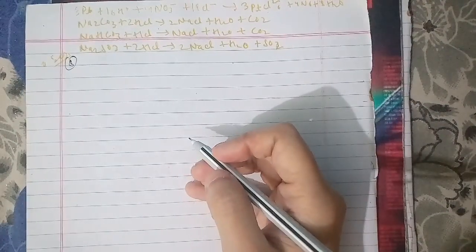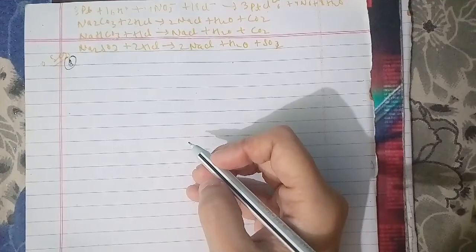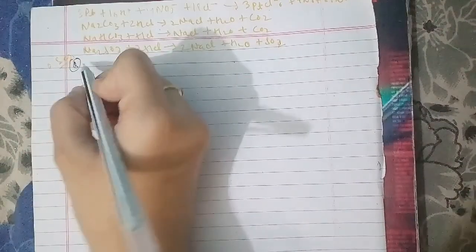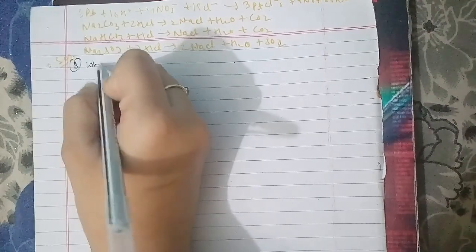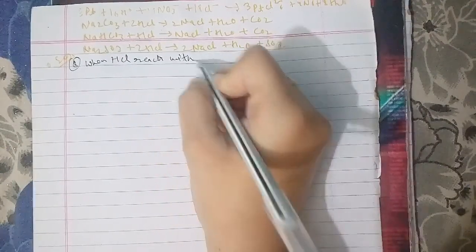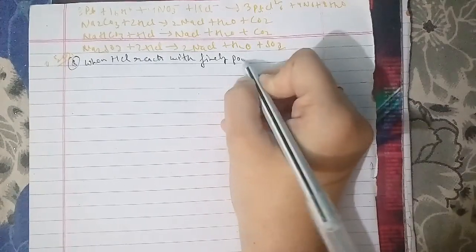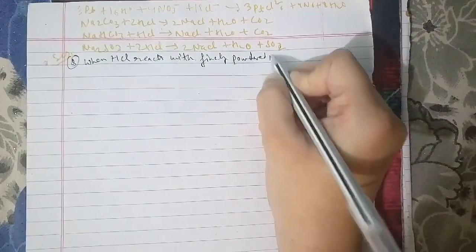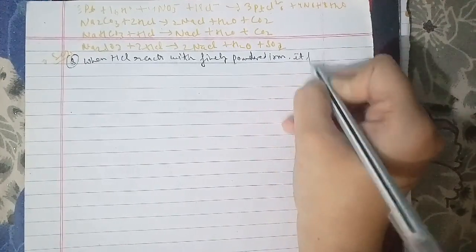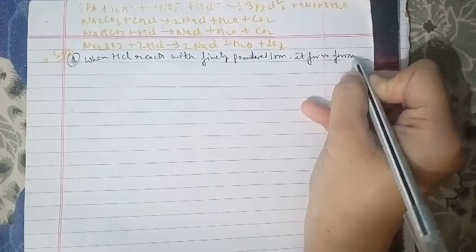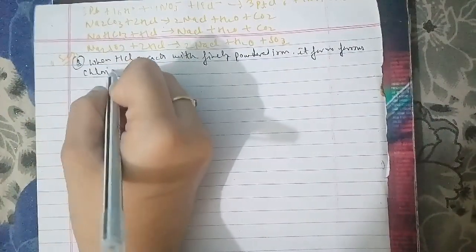The solution: its reaction with iron produces H2, so Fe plus 2HCl gives FeCl2 plus H2.